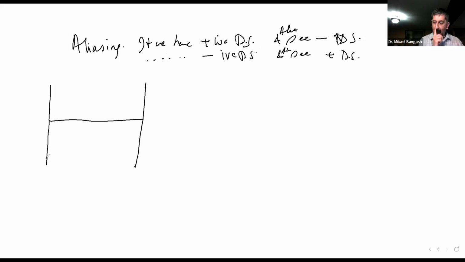Maybe it's easier to display that on a spectral Doppler. Here's your baseline. That's the zero Doppler shift.